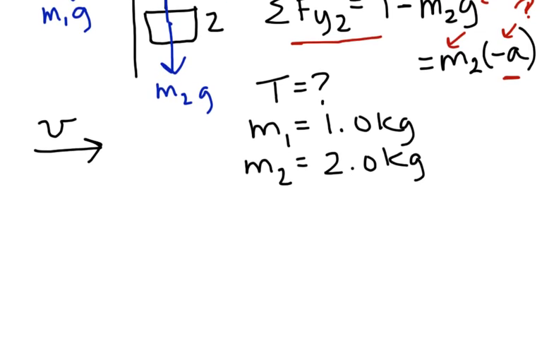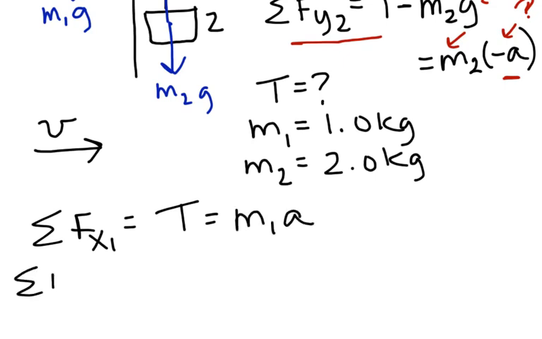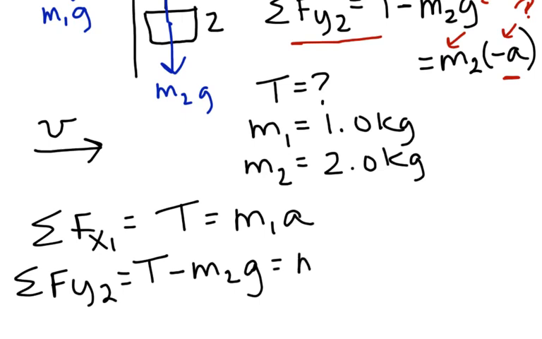The sum of the forces on object 1 in the x direction was tension is equal to m1a. And the force in the y direction for object 2 was tension minus m2g is equal to m2 times a negative a. So what we're going to do here is apply substitution.